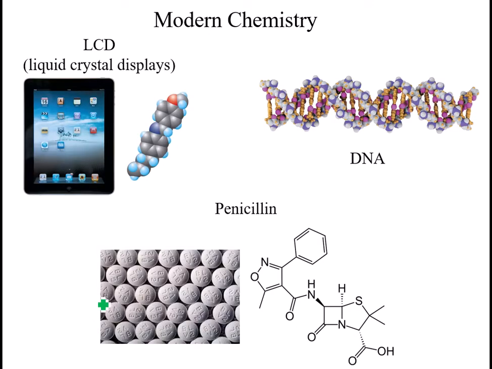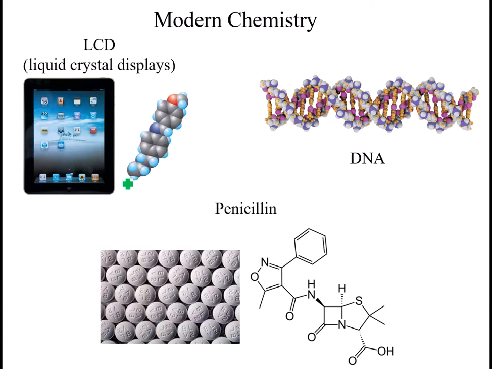Some modern examples of chemistry are liquid crystal displays. That's what you're watching this video on, whether it's a laptop or your cell phone. Probably even the monitors in the computer lab have liquid crystal displays. They're a series of molecules that align with electrical charge to give off color. This would be an example of one of those molecules.